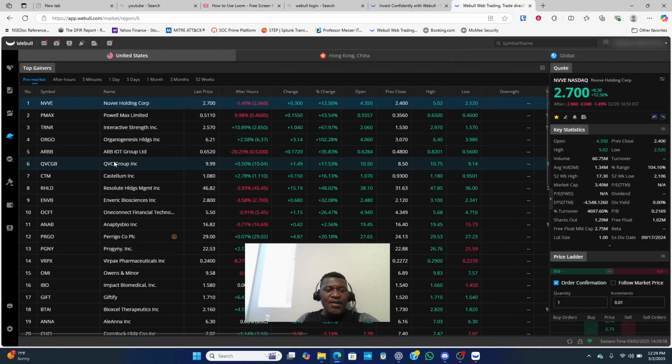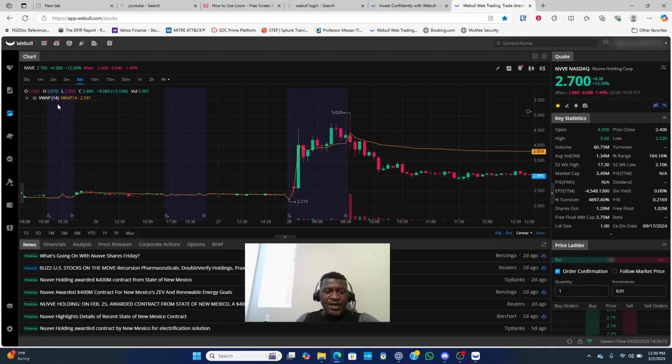You have to pick pre-market, and it will give you all the stocks with their percentage changes. So it's easy for you. If you see any stocks that you want, you double click and it'll open the graph for you right there, and then you look at the daily chart candlesticks. I look at the 5 minutes and also the 1 minute.